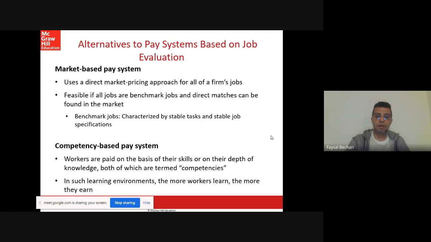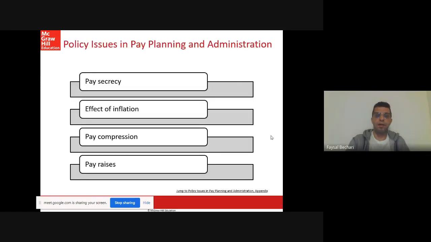In such a learning environment, usually the more workers learn, the more they earn. Workers will take courses to be certified at certain levels, and fly higher and higher because they want to get paid more for that.